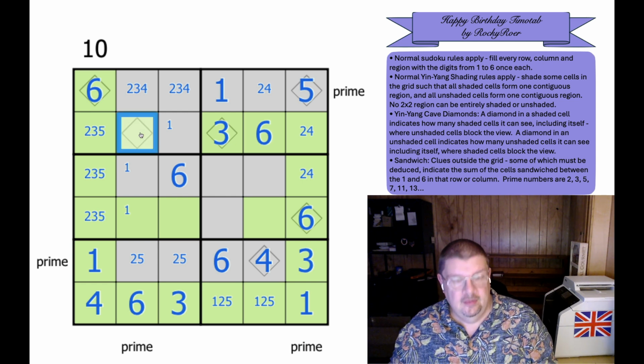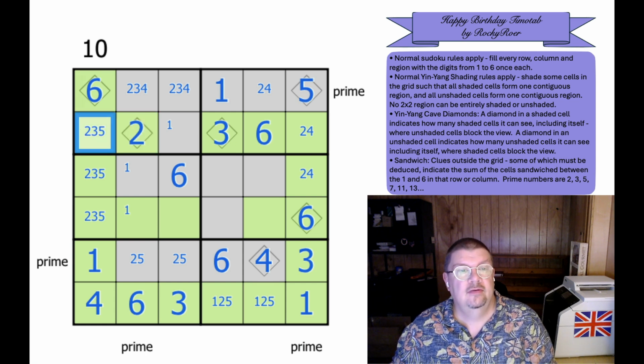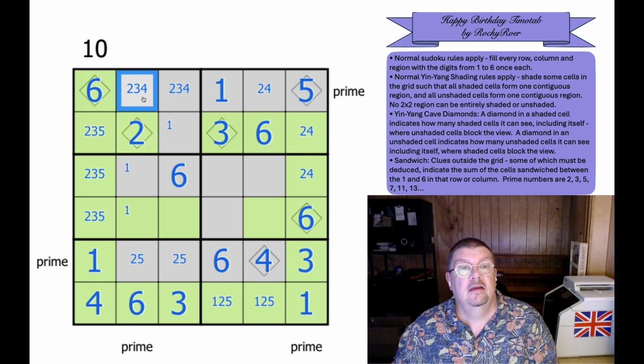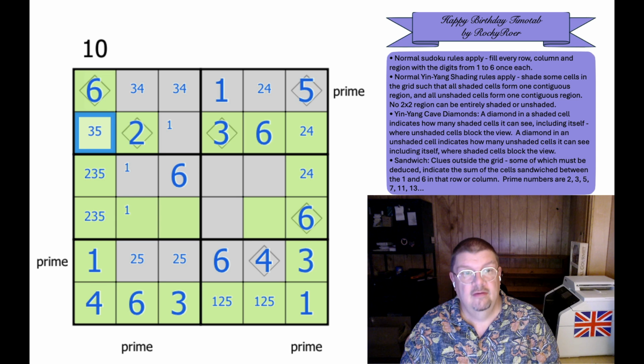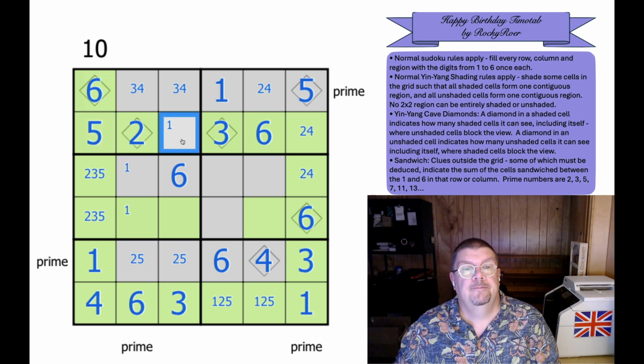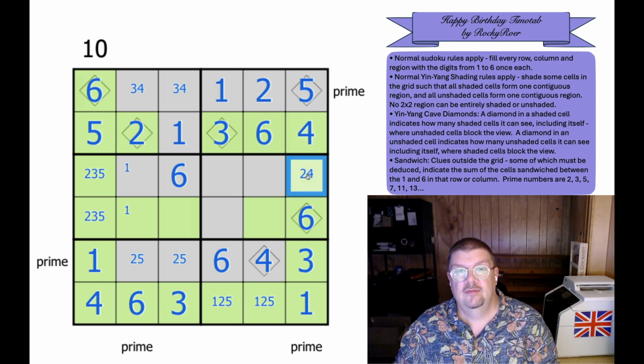So now this must be a 2 because that's what the rules say for what a diamond sees. That makes that a 3, 4 pair, and that makes that a 5. This must now be a 1. That 3, 4 makes that 2. That's 4.